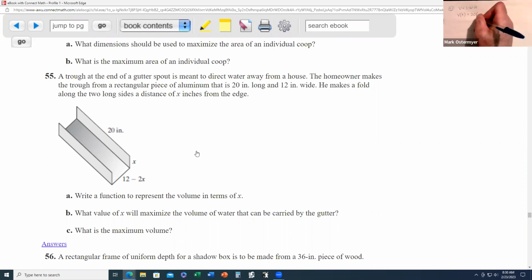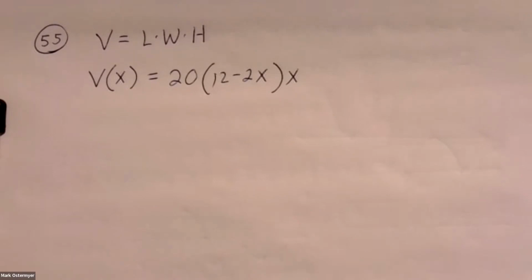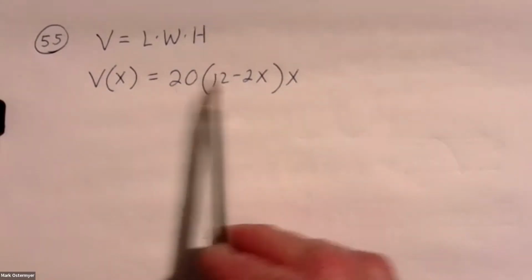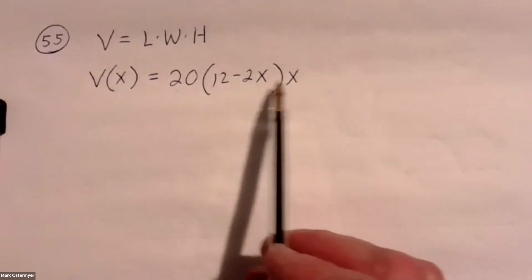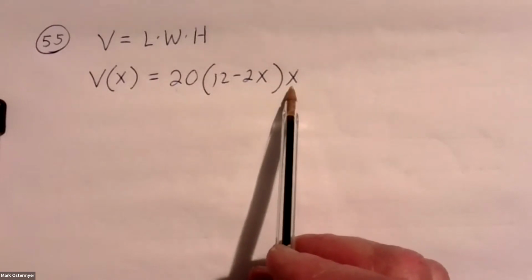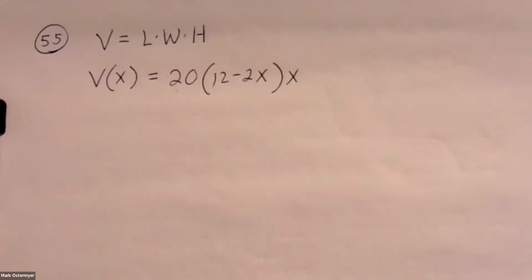The width is 12 minus 2x inches times the height, which is x inches. So there you go. That would be the volume of that gutter, length times width times height. This is the length, this is the remaining width, and this is the height of the gutter. Does that make sense so far? That's a volume function now.